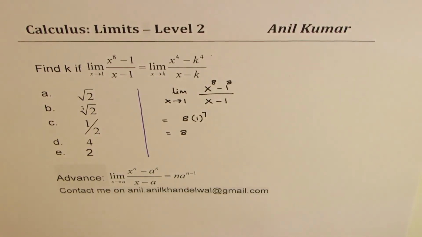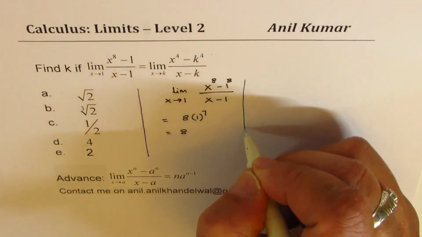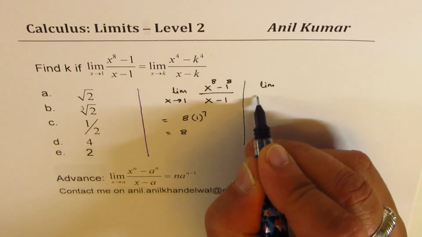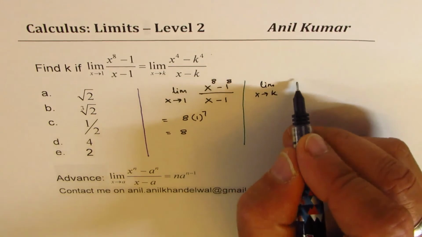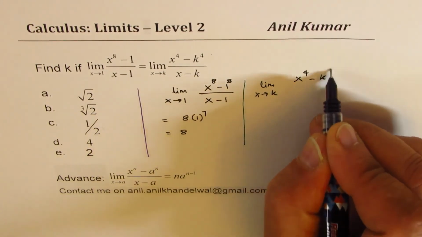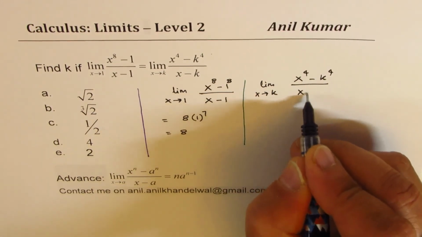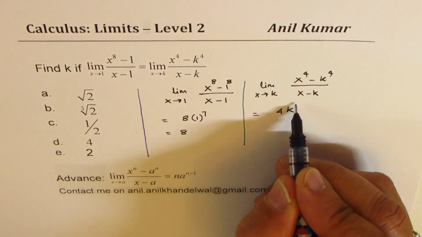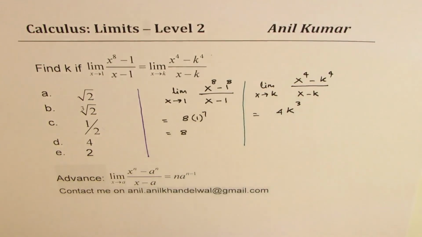Correct? Now, if you look at the right side, we have limit x approaches k of x to the power of 4 minus k to the power of 4 over x minus k, right? So the limit is 4 times k to the power of 4 minus 1, which is k cubed.